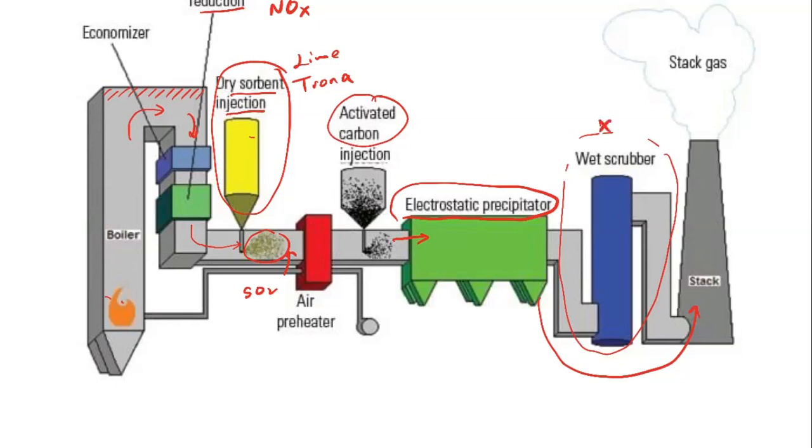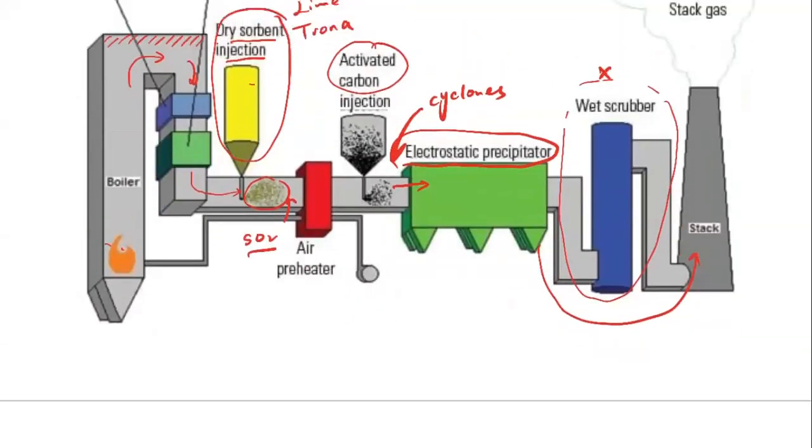So basically, for your design, you want to include the dry sorbent injection, where you inject either lime or trona to let them react with the sulfur dioxide. And then you need to design the PM removal device, which contains the pre-cleaner or the cyclones and the ESP. Okay.